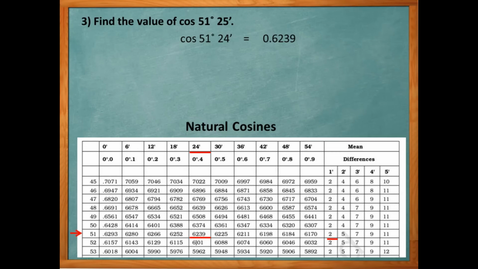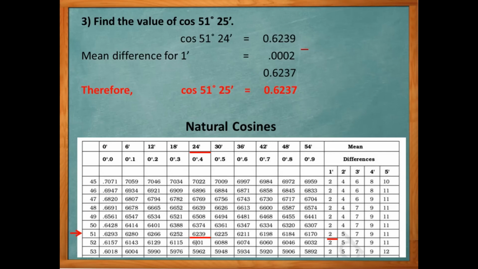So instead of adding as what we do in solving for the sine, in solving for the cosine, we will subtract the mean difference. Okay, so 0.6239 minus 0.0002 is equal to 0.6237. So therefore, the value of cosine 51 degrees and 25 minutes is equal to 0.6237.